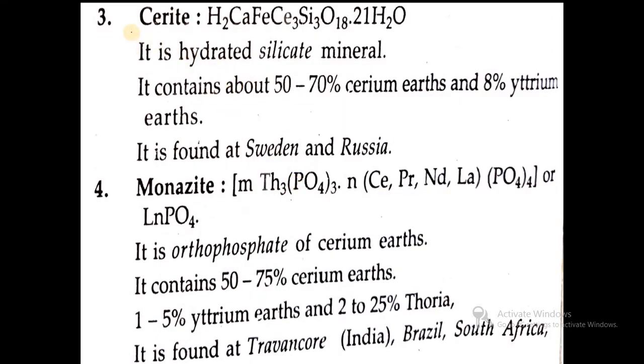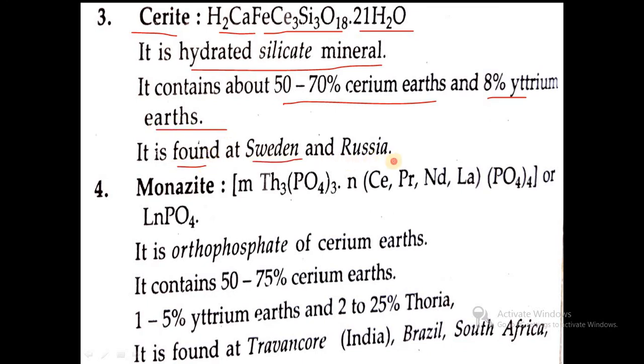The third ore is cerite. Formula is H2CaFeCe3Si3O18 with 21 H2O. It is a hydrated silicate mineral because it contains water. It contains about 50 to 70% cerium earths and 8% yttrium earths. It is found in Sweden and Russia. The last one is monazite. Formula is thorium phosphate with cerium, praseodymium, neodymium and lanthanum phosphates.